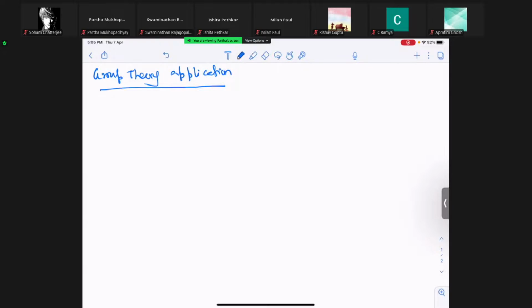Sir, today we looked at the correspondence theorem, the one which talks about a bijection between the subgroups of the quotient group and the subgroups of the original group containing the kernel of the homomorphism.